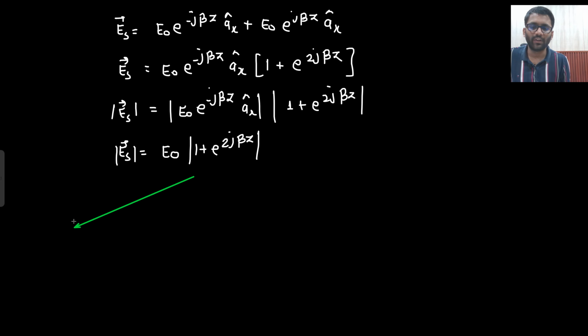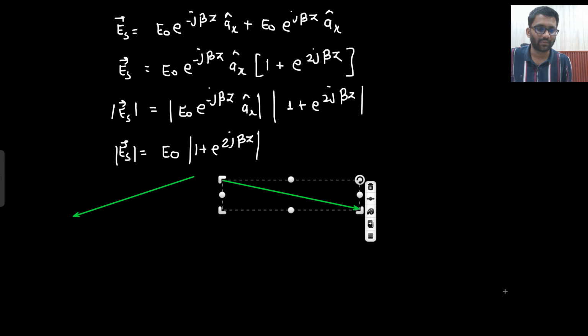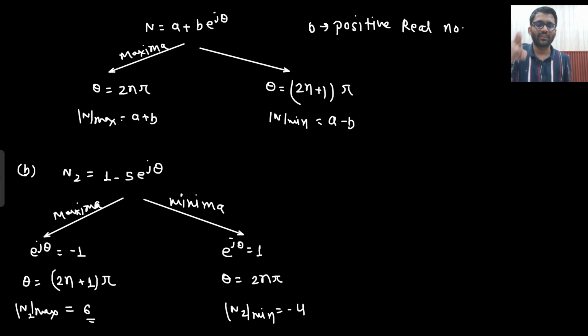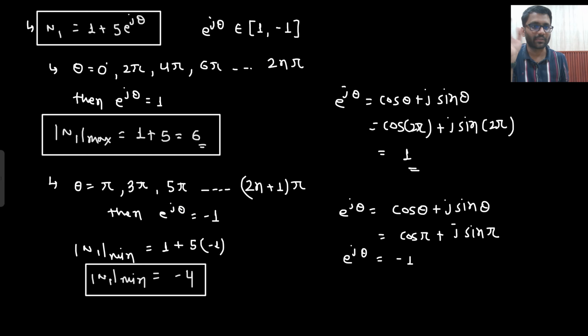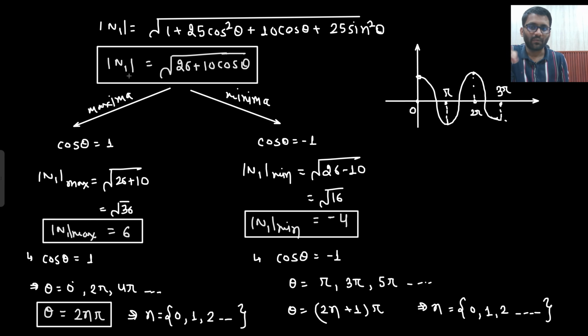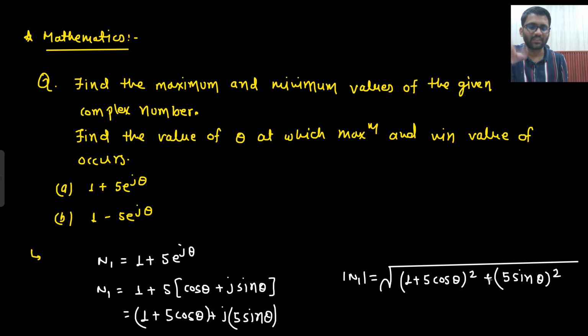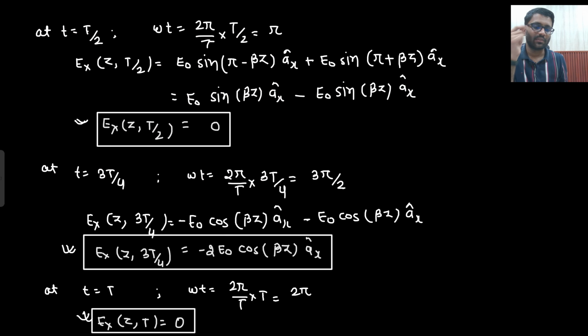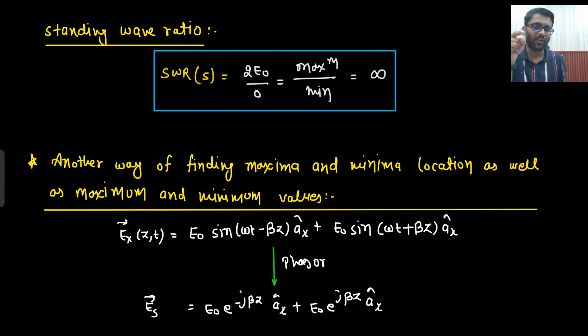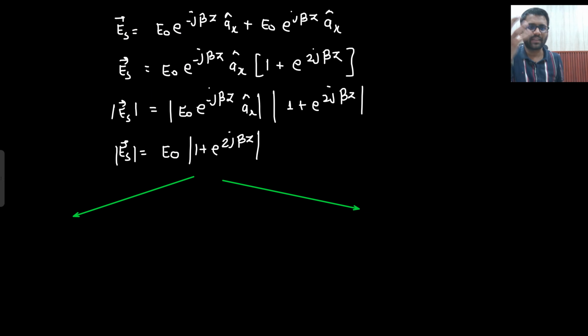Now tell me one thing, will you be able to tell me? Yes. Why will you be able to tell me? Because we spent 20 minutes on this particular expression, which was 1 plus 5 e to the power j theta. So the same kind of pattern you are getting here. Whenever I teach any mathematics, you must have understood why I spend time on mathematics.